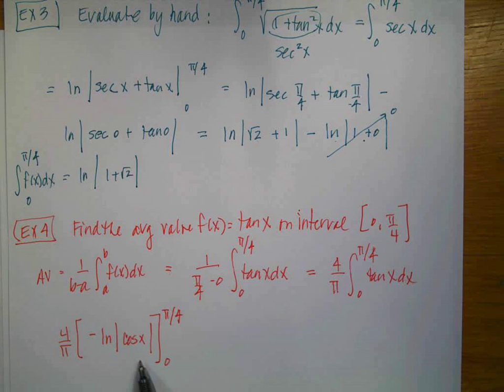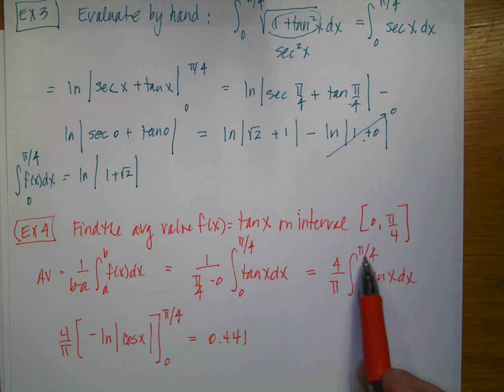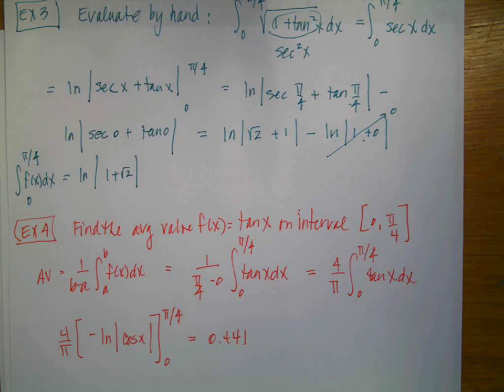And then if I do this math, if I substitute everything in by hand, or I can use my grapher, then I'm going to get 0.441. Remembering that when you evaluate a definite integral, it's always the top index minus the bottom index.